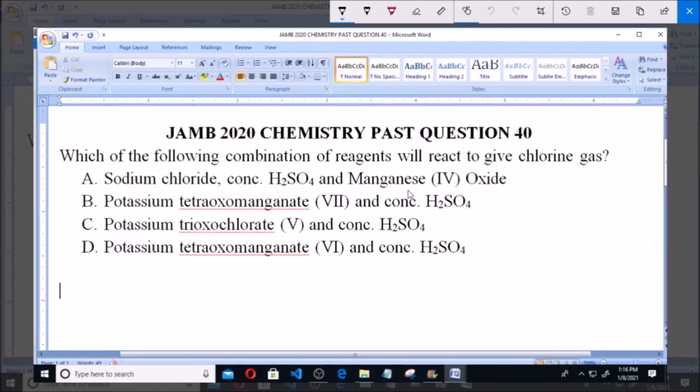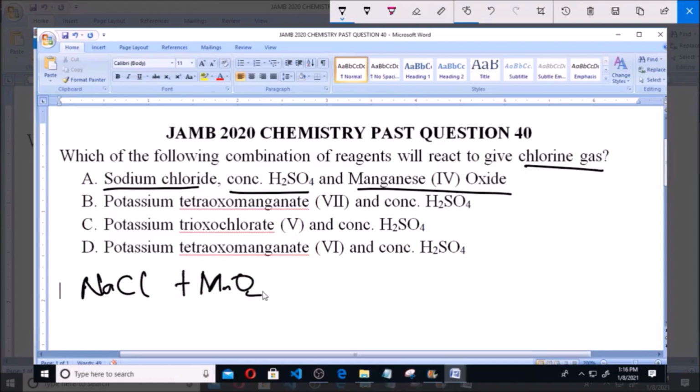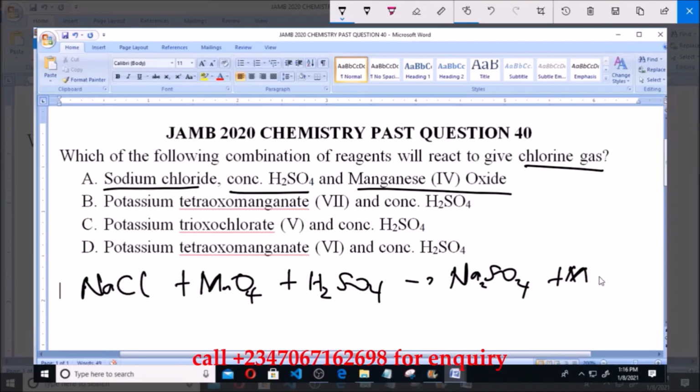Now the reactants here that will give chlorine gas are actually sodium chloride, conc H2SO4 and manganese 4 oxide. I will state the reaction below. Sodium chloride plus manganese 4 oxide plus conc H2SO4 will react to give sodium tetraoxosulfate 6 salt plus manganese tetraoxosulfate 6 plus H2O plus the chlorine gas.